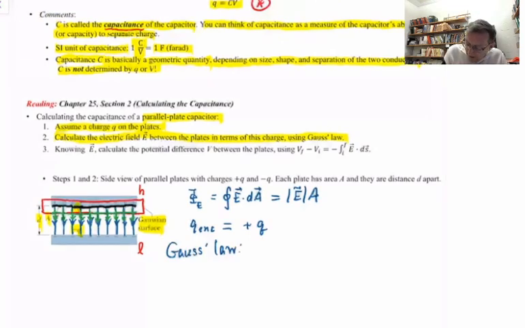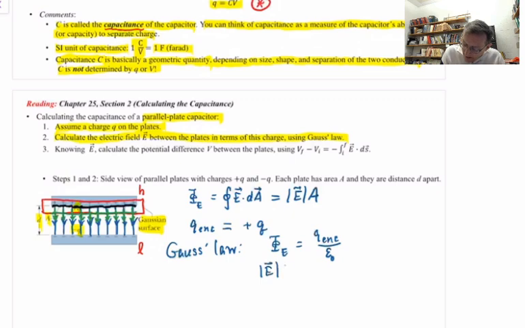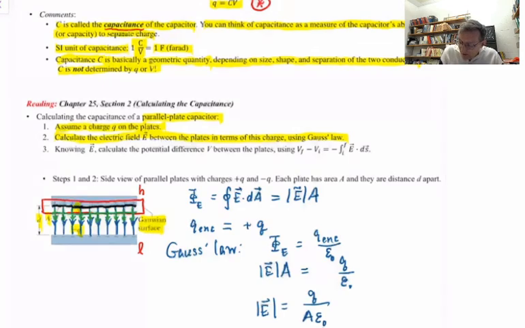Electric flux equals Q enclosed over epsilon 0. Magnitude E times the area equals plus Q over epsilon 0. Solve for E: E equals Q over A epsilon 0. And it's uniform in the region between the plates.